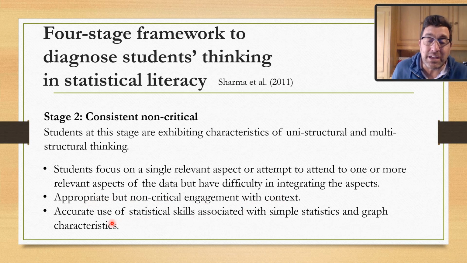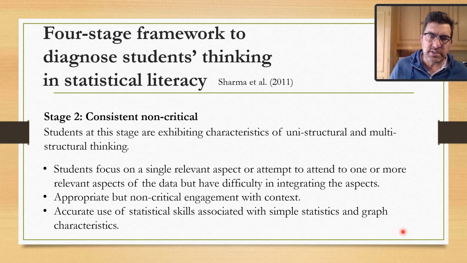Okay, there's accurate use of statistical skills associated with simple statistics and graph characteristics. Okay, so you can see the growth between stage 0 to 1, the idiosyncratic stage, to the consistent non-critical stage.